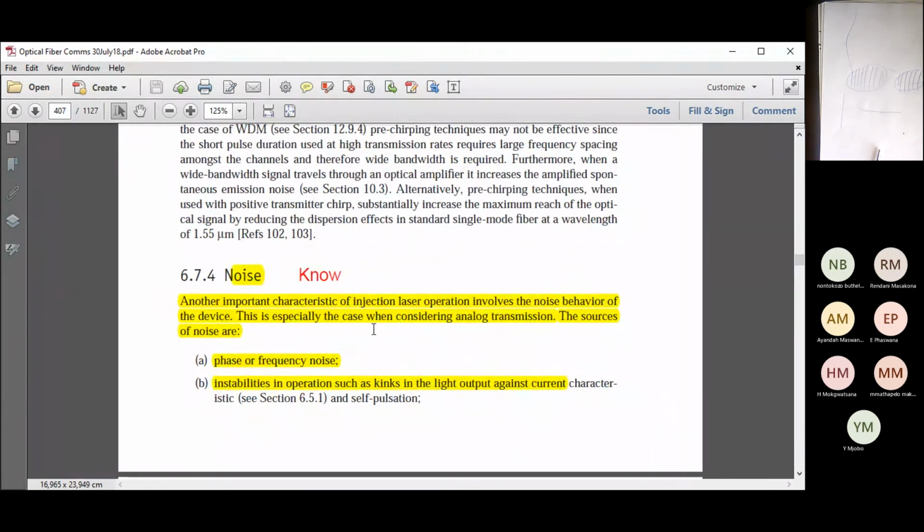This noise is frequency noise in the phase and the frequency, and also instability in operations such as kinks. Remember that kink that I said? The kink in that line, it went up like this with current, a little bit down and then up again. That kink also causes noise. So people, whenever you work with a laser, beware of this one. It will bite you because it is really there.